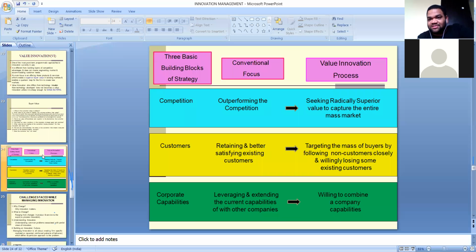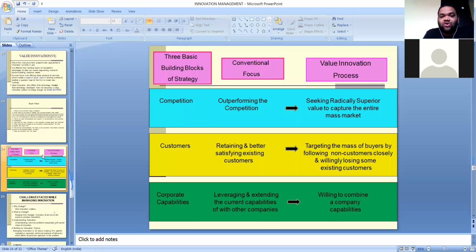At that time we have to lose them willingly. So those are the two things: follow non-customers, and willingly lose some customers.